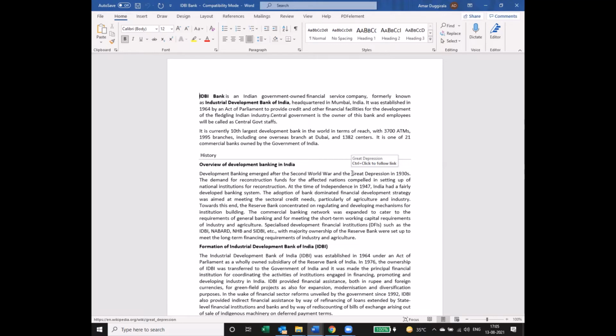So over time, in the last few years, the bank grew as one of the largest development banks in the country. As I said, we were discussing in the previous chapters, what are the development banks? National Housing Bank, SIDBI, NABARD. These are the development banks which were created with a certain purpose.